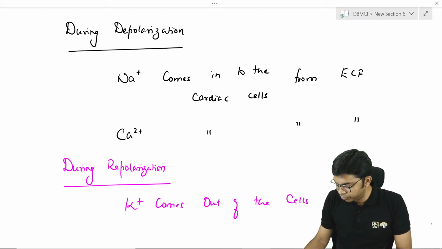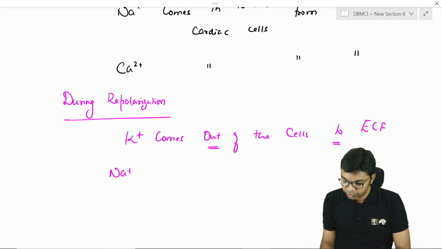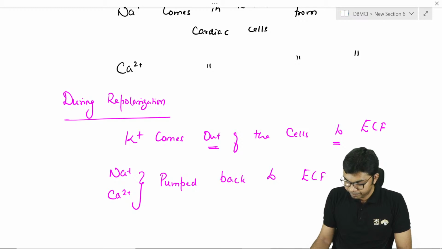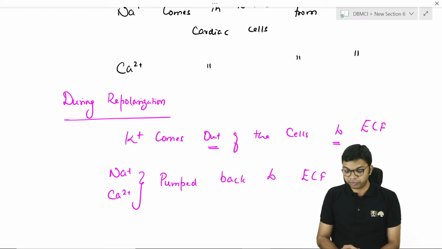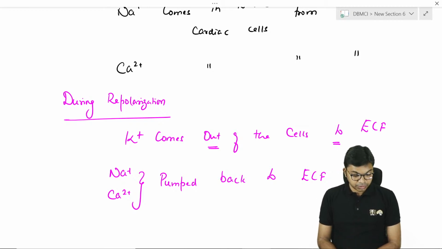Please remember, potassium comes out of the cell to extracellular fluid, while sodium and calcium are pumped back to extracellular fluid. They are pumped back to extracellular fluid, doctors. That's during repolarization. All right, so that's our doubts for today.